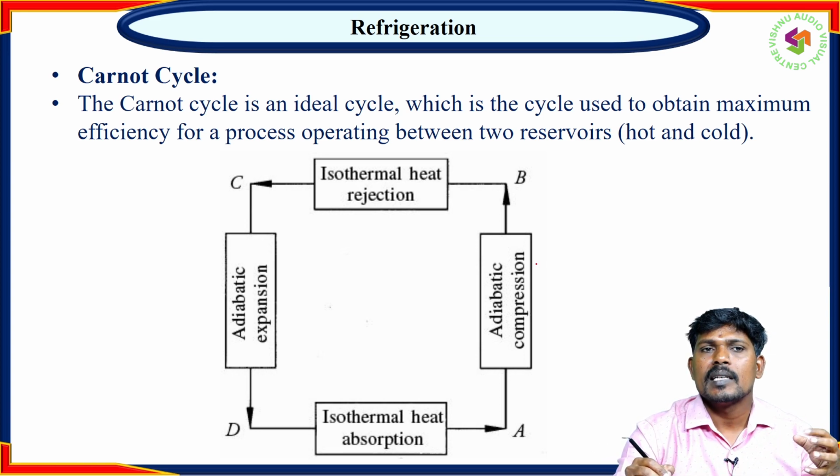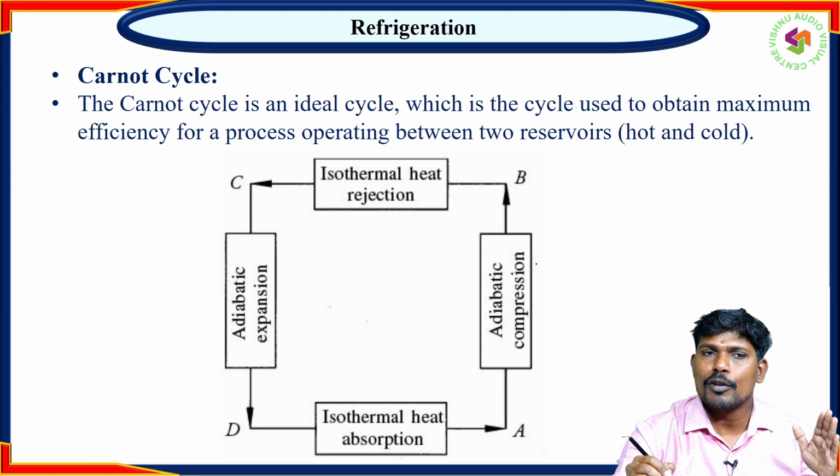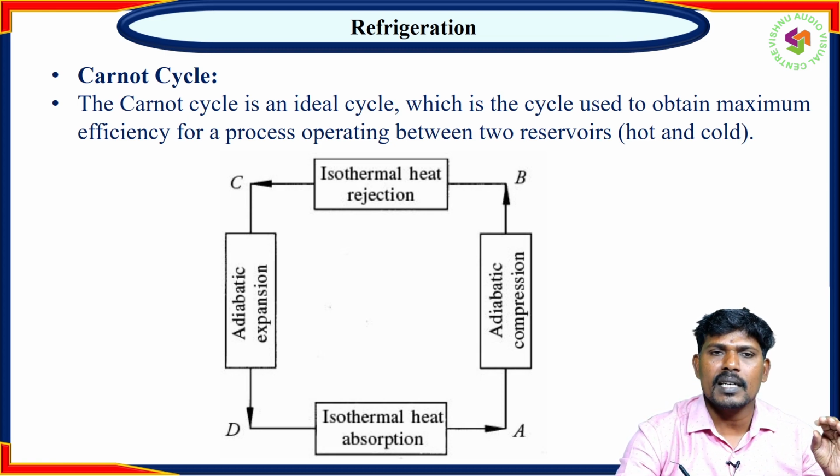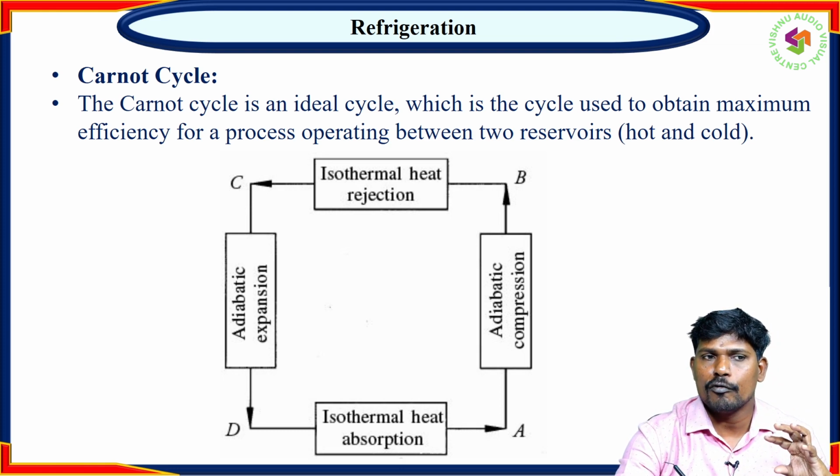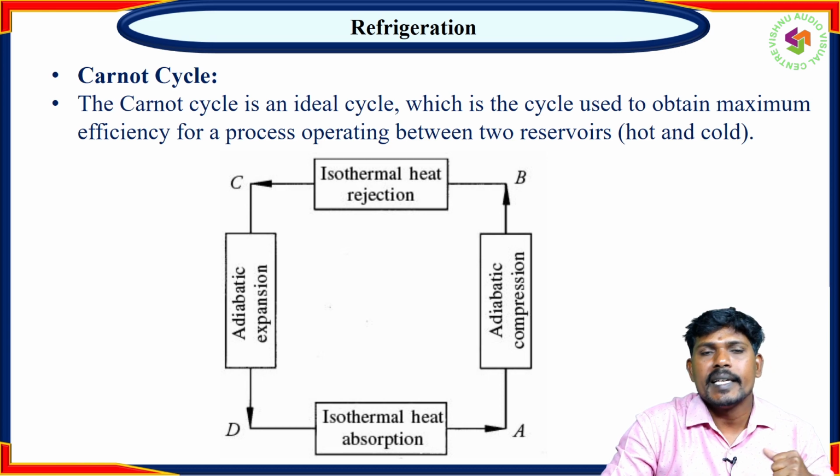Because of the compression, the temperature rises, so in the isothermal heat rejection, at constant temperature, we need to reduce the temperature. After that, adiabatic expansion, meaning with no heat transfer, we expand the fluid in a throttling valve so that the pressure is reduced and the temperature is also reduced. After that, isothermal heat absorption.